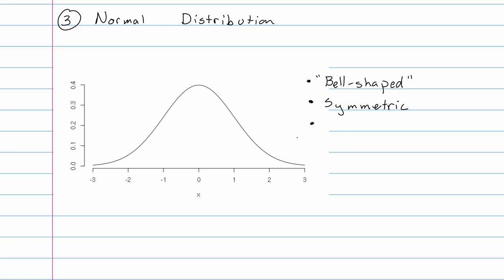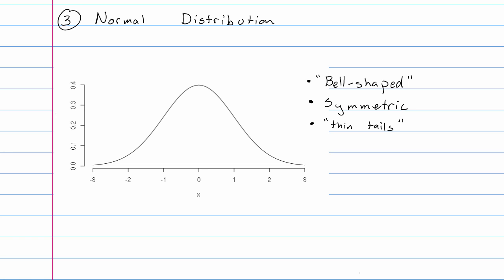Its tails trail off to the right and left, kind of fastish. So this is a normal distribution curve. And as I said, we think of it as applying to the population.